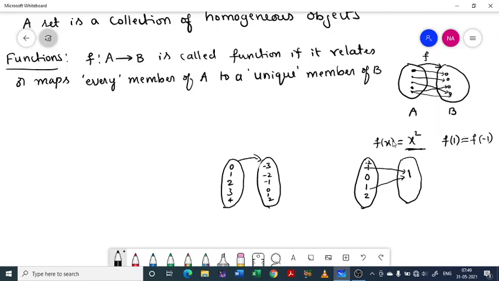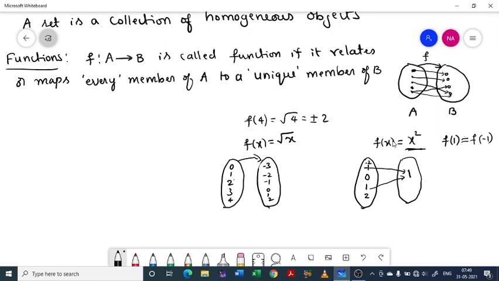Now let us take f of x to be root x. What is the image of 2? Sorry, 4 I'll take, since root 2 is an irrational number. What is the image of 4? That is root 4. Root 4 is plus or minus 2.